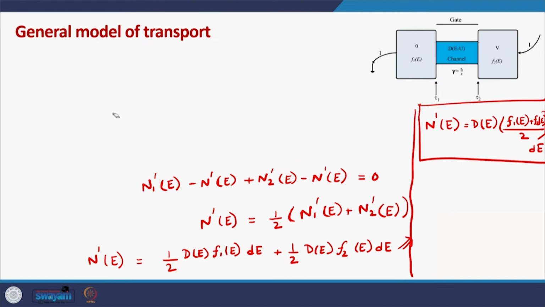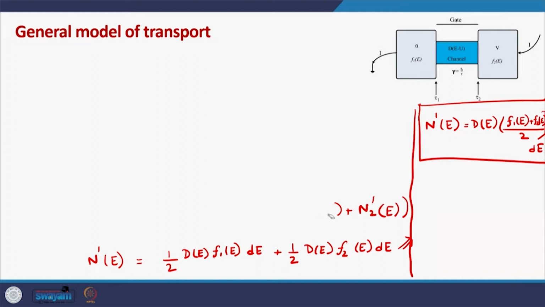And if you look at the expression, it is intuitively justified as well, because as we also saw in the previous class, the source contact is trying to fill the channel with Fermi function F1. The drain contact is trying to fill the channel with Fermi function F2.